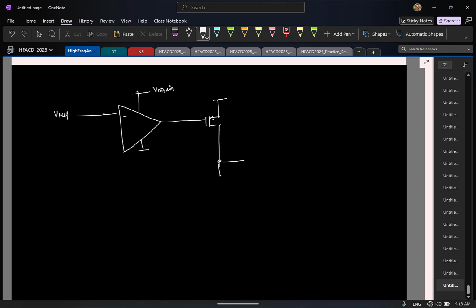Let's say you have something here, your actual circuit that draws the current, and you can actually close the feedback. And of course this will also be powered by the input VDD.